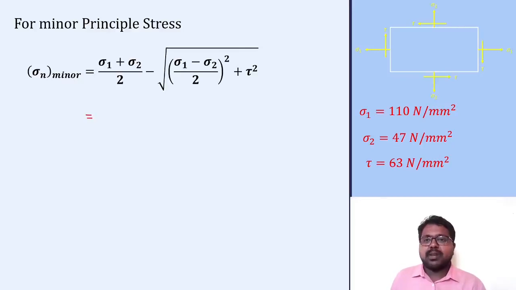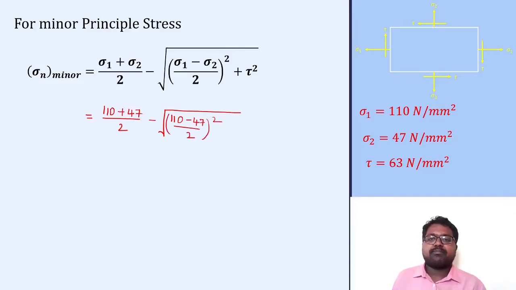Replacing the values of sigma 1, sigma 2 and tau: (110 plus 47) by 2 minus under the root of ((110 minus 47) by 2) whole square plus 63 whole square. We get sigma n minor as 8.064 Newton per mm square. So these are the magnitudes of the major and minor principal stresses.